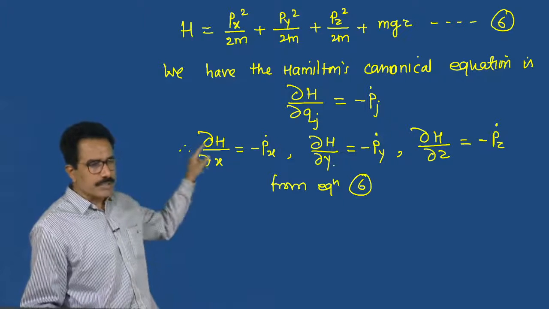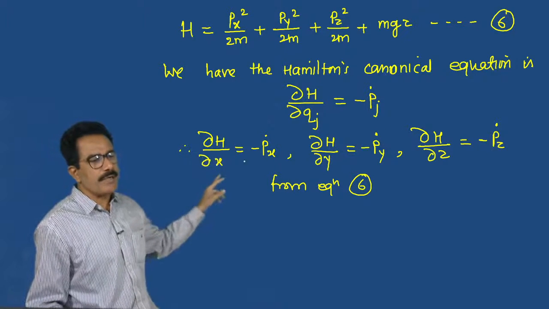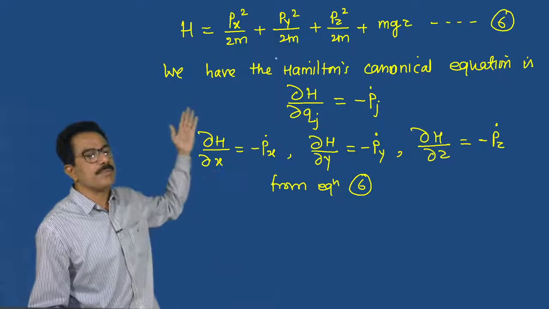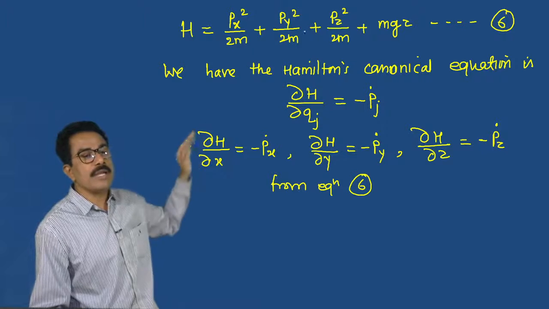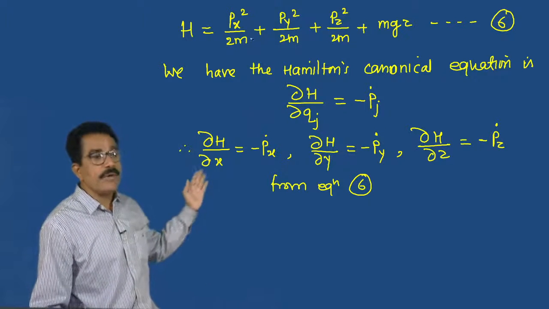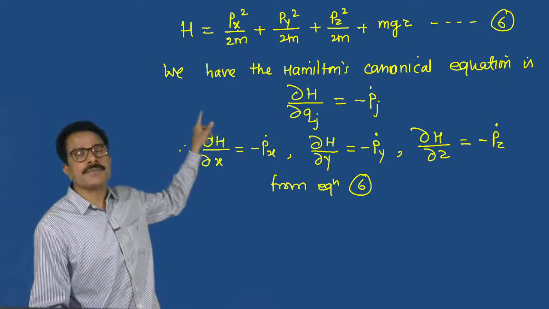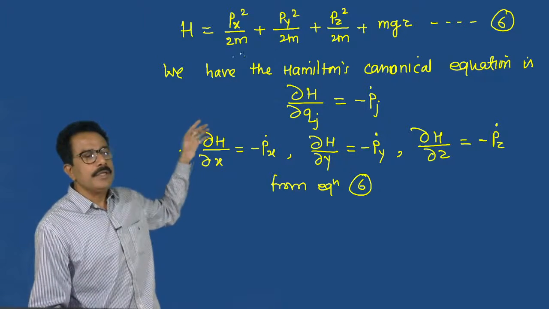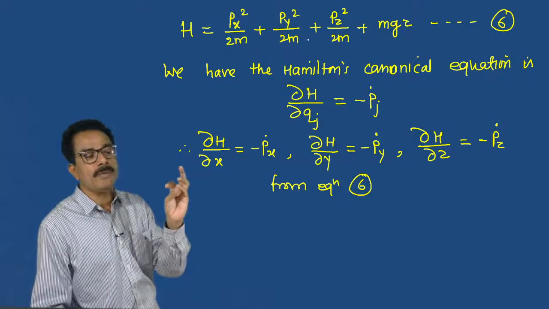Now you tell me students, from equation 6, ∂H/∂x equals minus px dot. But what is the value of ∂H/∂x? The derivative of H with respect to x, where px is the generalized momentum, is 0.